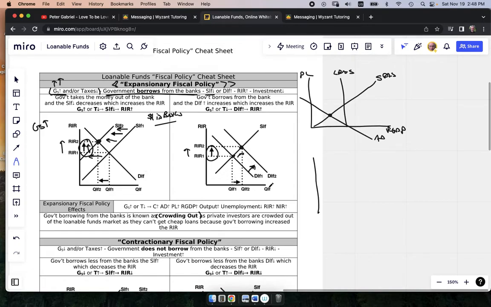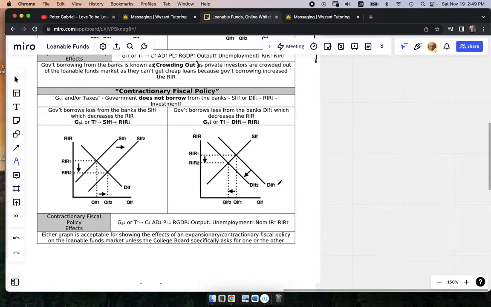But lots of people are demand people, and they think of it in that way first. And then if they need to show this one, they just make sure the interest rate's doing what it's supposed to do. Easy enough. We're not going to go into the effects of expansionary policy because you should have already done that. I just want to talk about loanable funds.